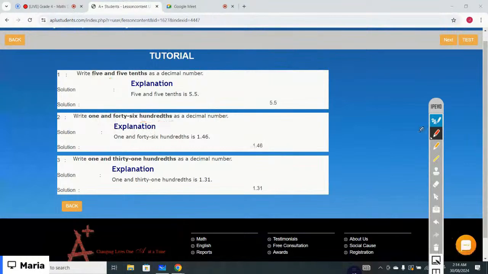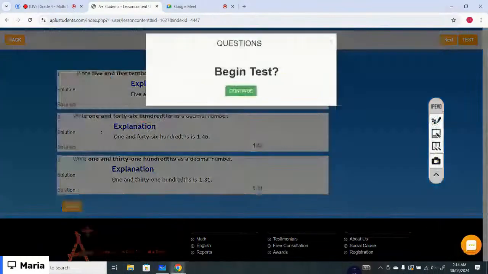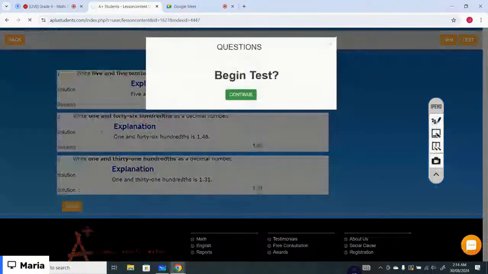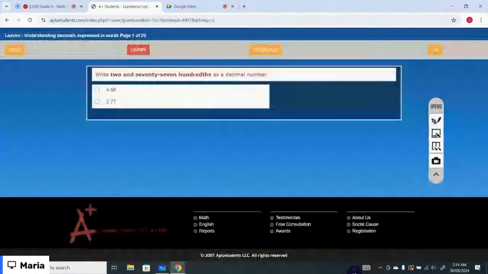Okay, let's start with the test questions. Write 2 and 77 hundredth as a decimal number. Which is the correct option?